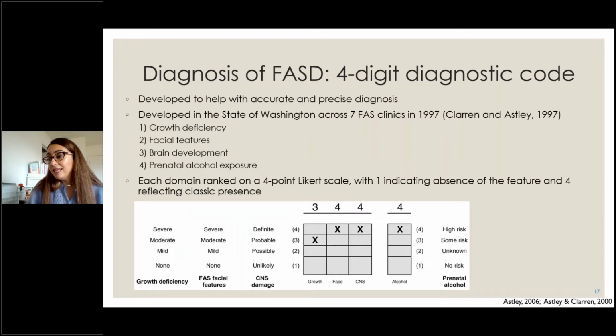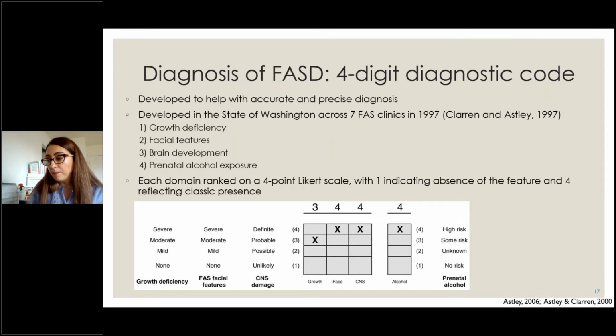Then came the currently widely used system, and some of you might be familiar with this system, the 4-digit diagnostic code. This was developed in 1997 at the University of Washington, in the state of Washington, the University of Washington being the champion, across 7 FAS clinics, and after that it was updated in 1999, and then in 2004.